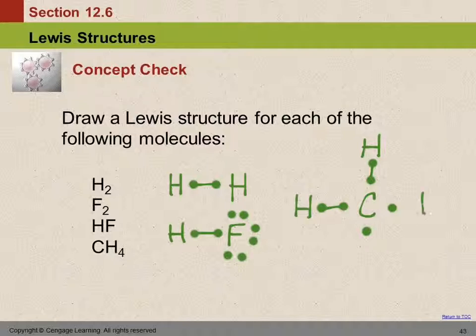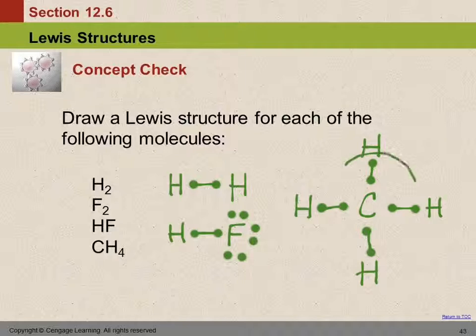So then over here, we need another hydrogen. Another hydrogen with 1 electron, and it will share with carbon. Now carbon has 7. Each of the hydrogens has 2. The hydrogens are being satisfied. So we need 1 more hydrogen in here. And it will share with carbon, and now, everybody's happy.